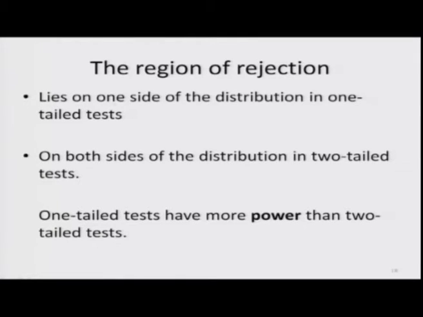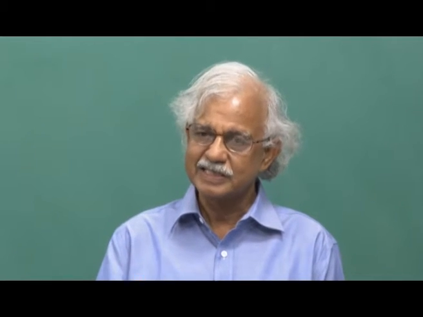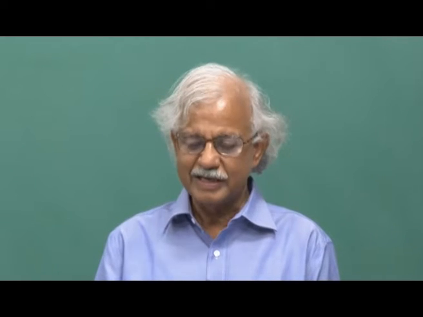The region of rejection may lie on one side of the distribution, as in a one-tailed test, or on both sides of the distribution, as in a two-tailed test. One-tailed tests have more power than two-tailed tests. Power, again to repeat, means the probability of rejection of the null hypothesis when it is false.